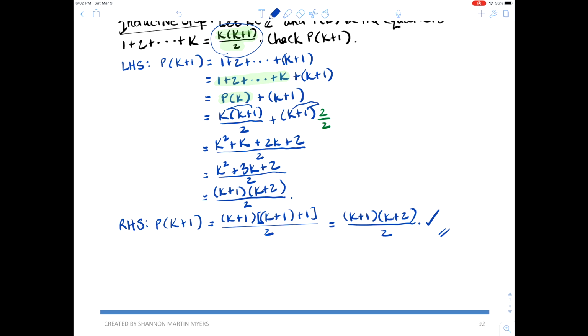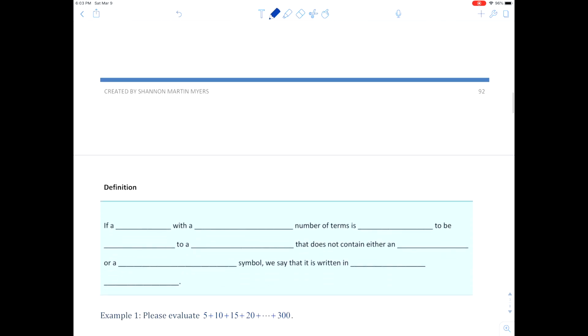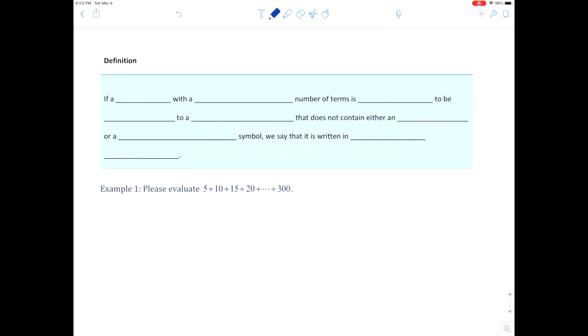And typically, when you use mathematical induction to verify a property or to show a property is true, it's often called an axiom. All right, so now let's look at a definition here. This definition relates to closed form.